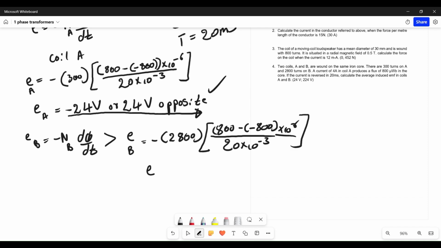Therefore the induced EMF for B is equal to minus 224 volts, or 224 volts opposite.